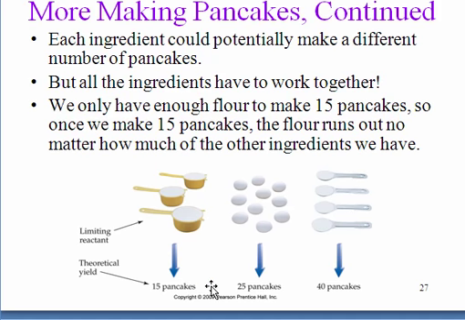This 15 pancakes, the maximum I can make based on my ingredients, is what's known as my theoretical yield. So the limiting reactant is the ingredient or the reactant that runs out first, and the theoretical yield is the most that I could possibly make. Now notice this value is the smallest, because after the flour runs out, I can't make any more.